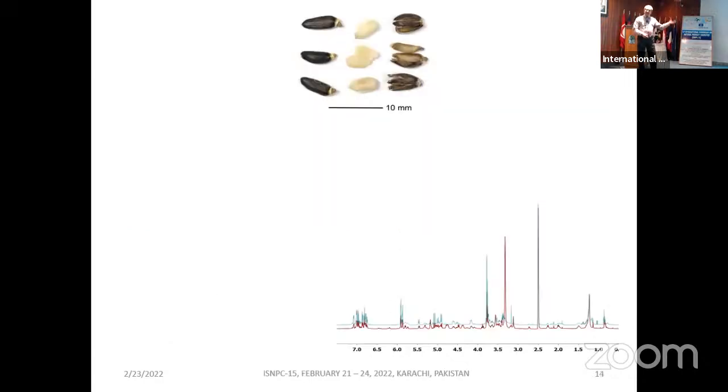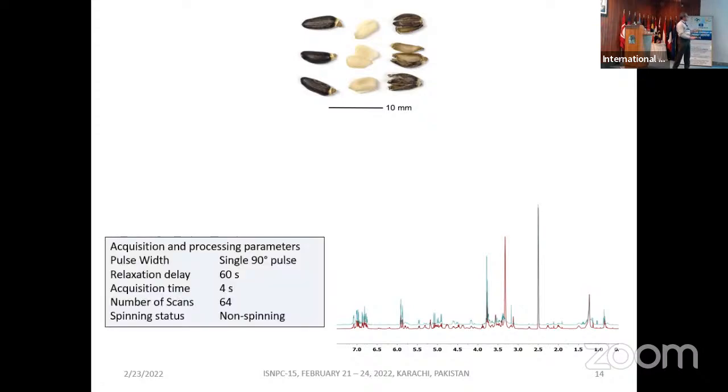Then we use this NMR method to compare the amount of silymarin, the amount of flavonolignans, obtained by extraction of either the whole fruits or the pericarp. You can find here NMR spectra for the extract obtained from the whole fruits, and the one behind it for the extract obtained from the pericarp.